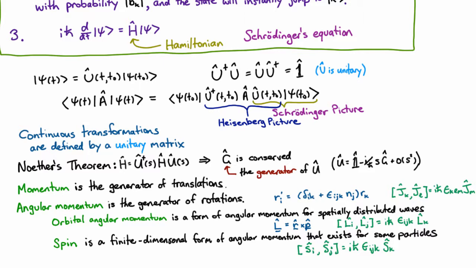And we saw the example of spin based on the Pauli matrices for spin half particles, such as an electron. Particles that have spin tend also to have orbital angular momentum in practice, of course, because they are distributed spatially as well. And for particles that have both orbital angular momentum and spin angular momentum, the total angular momentum is just the sum of those two kinds.